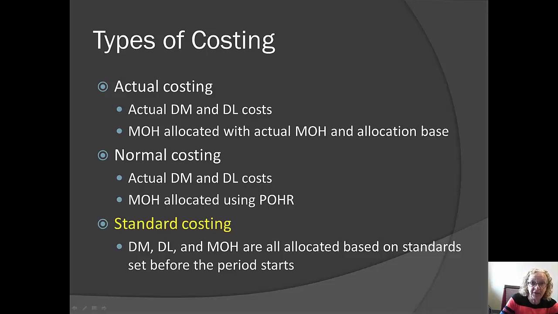And then at the end of the period, we compare the standard costs to actual costs and compute variances. That is the difference between what we expected to be used and how much we expected it to cost versus how much we actually used and how much it actually cost. We will be taking a look at standard costing in another chapter.